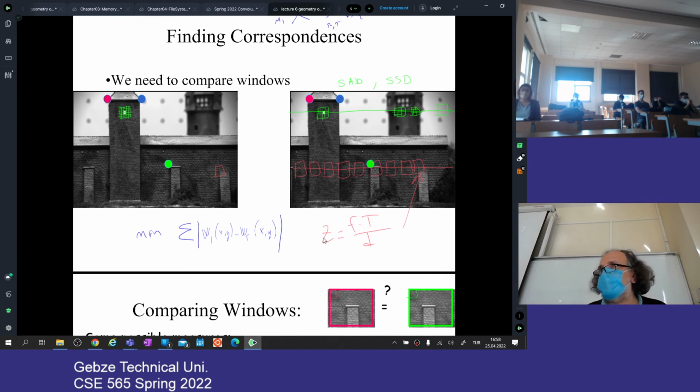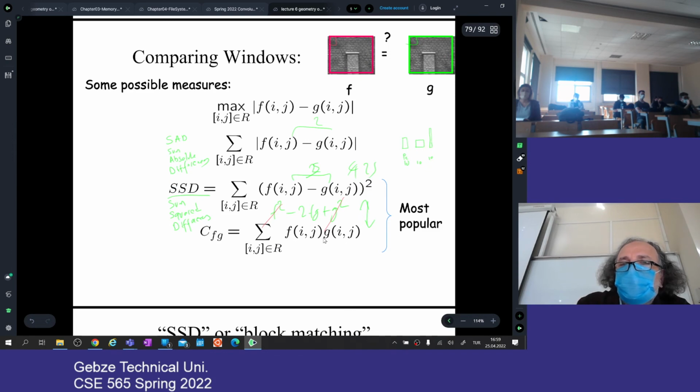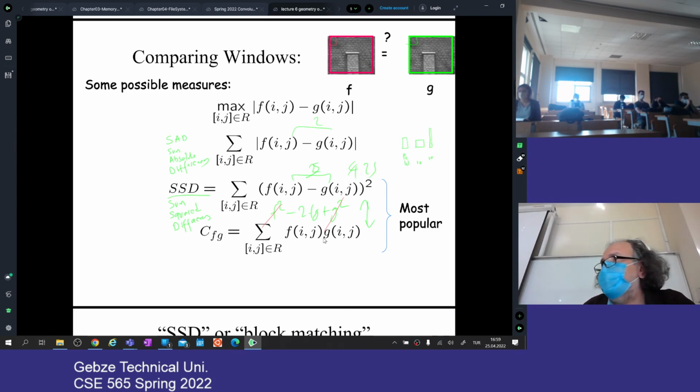Maybe one of them is slightly darker than the other one. The human eye is so good at compensating these dark and bright images. We see the same thing. But for SSD or SAD, if there is a difference between left and right image in terms of brightness, maybe 10 level difference, it will mess up everything, right?